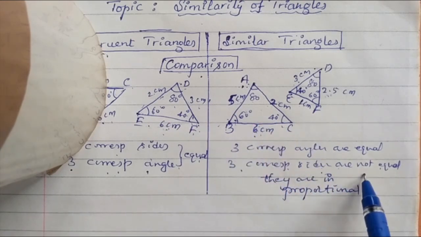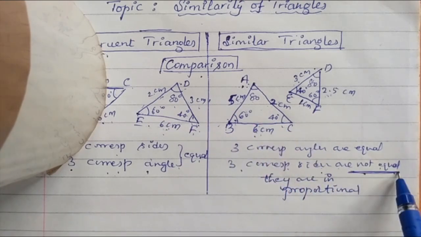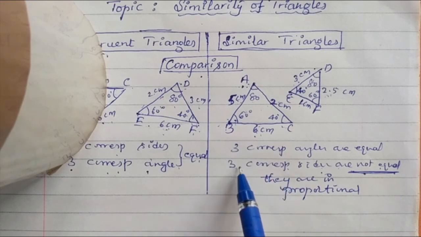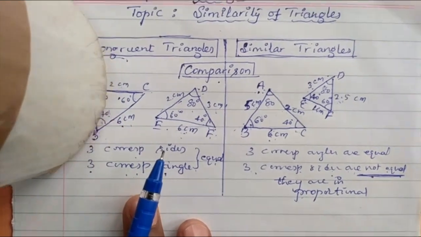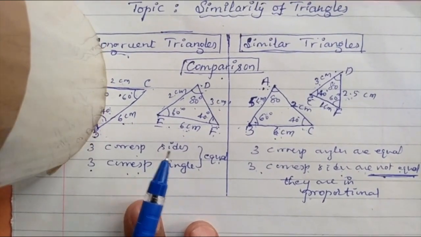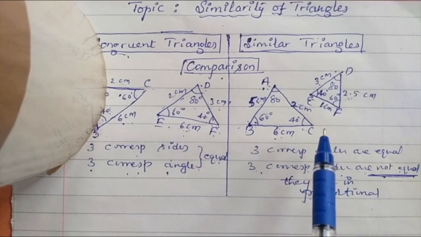Don't say corresponding sides are not equal. Of course I used that word, but henceforth you don't use it. Three corresponding sides are not equal, of course, but they are equal in proportion. They are equal in ratio, called proportion. So finally we tell the conclusion between the congruent and similar triangle.